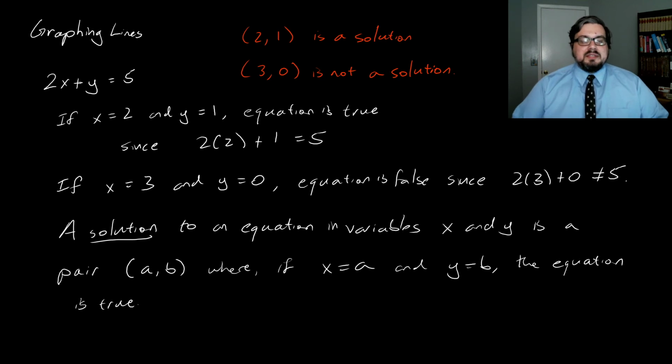So, this is what a solution to an equation is, and let's think about how we might find them. Let's look some more at this equation right here. We've got 2x plus y equals 5. And we already know that the pair (2, 1) is a solution.